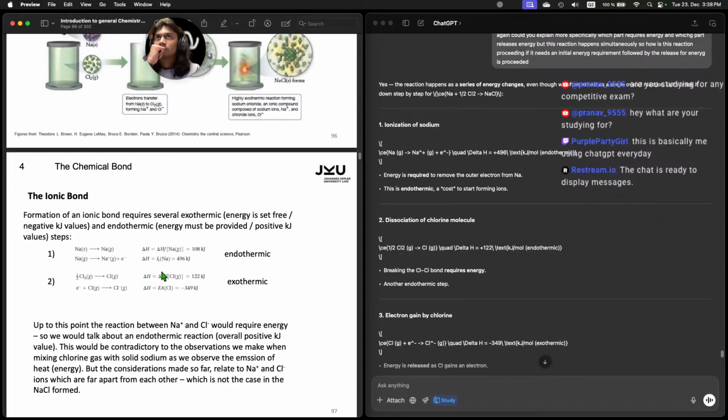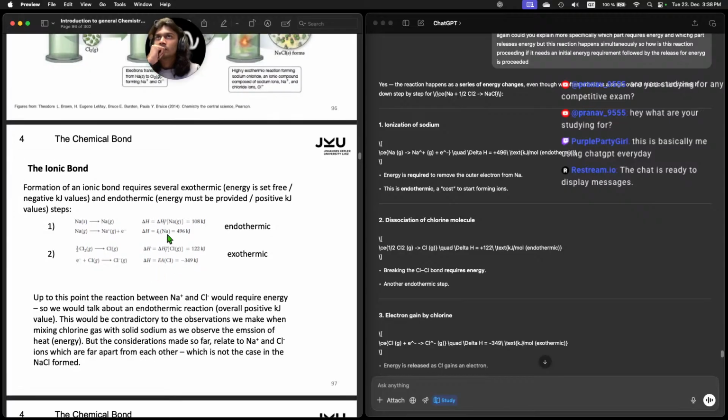That's ionization energy. Yeah. So half of chlorine gas forms chlorine atoms, that's exothermic. Electron plus chlorine forms the anion, it's exothermic. Up to this point, the reaction would require energy, so we could talk about an endothermic reaction with an overall positive kilojoule value.